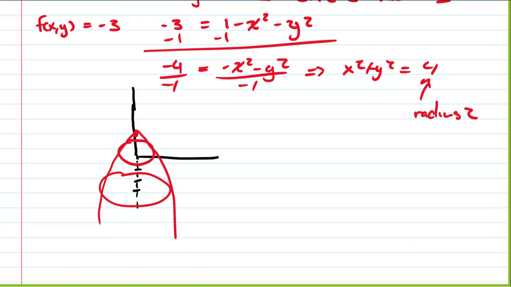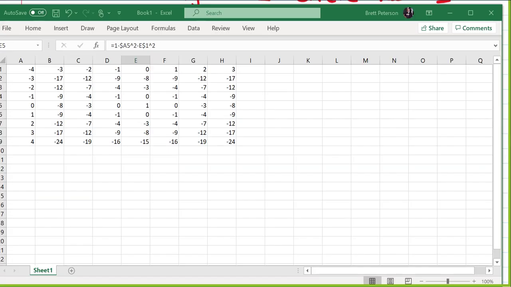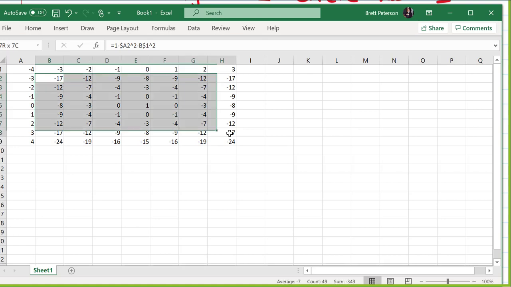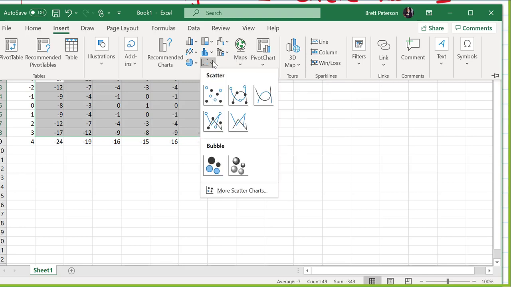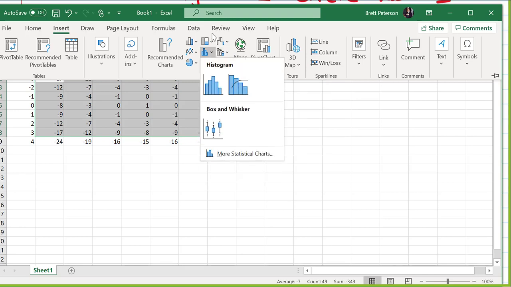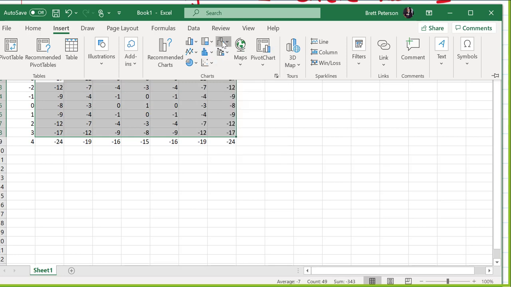And then the last thing that we can do is we can take our data and we go to Insert, and we go to our charts. That one.